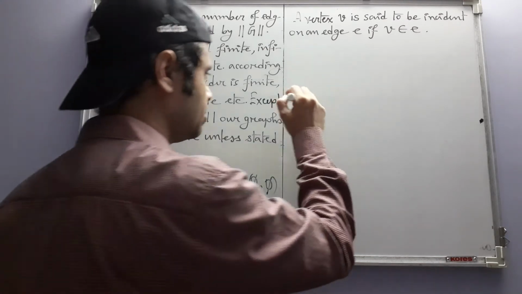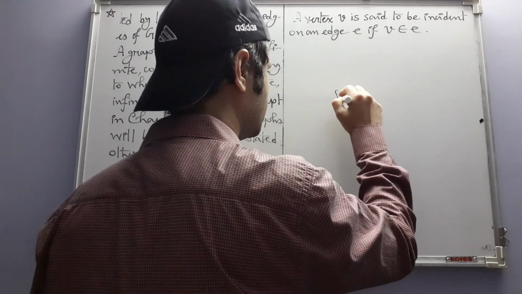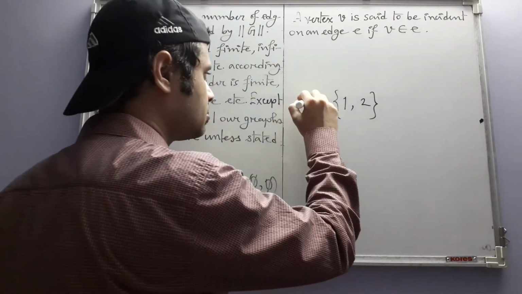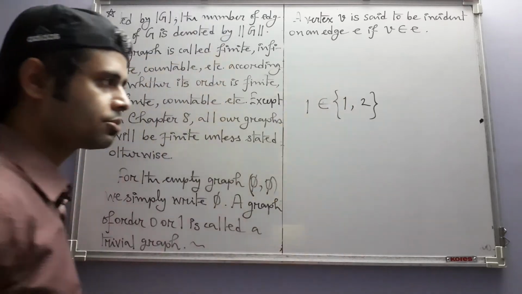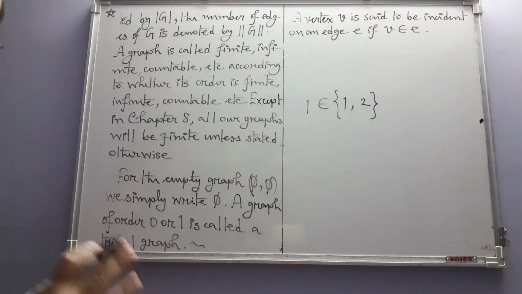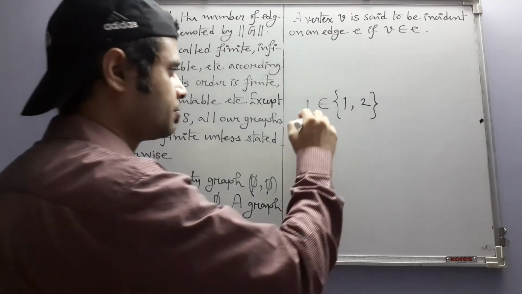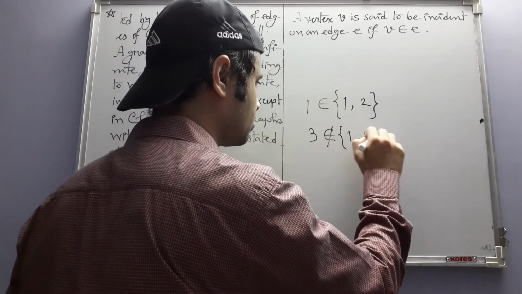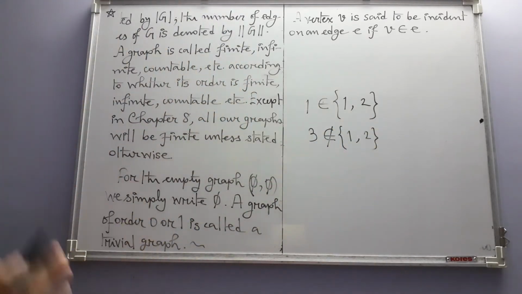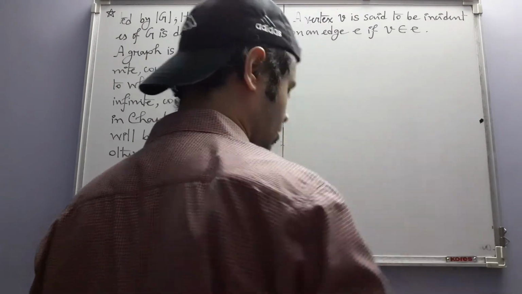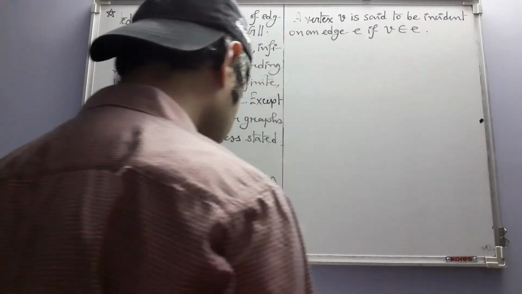For example, in the example that we considered, this is an edge. So the vertex 1 belongs to this, so we will say that 1 is incident on this edge. 3 does not belong to this, so 3 is not incident on this edge. So that is the definition of a vertex being incident on an edge.